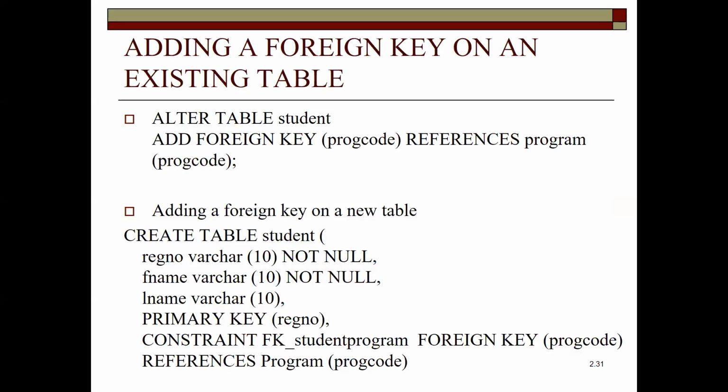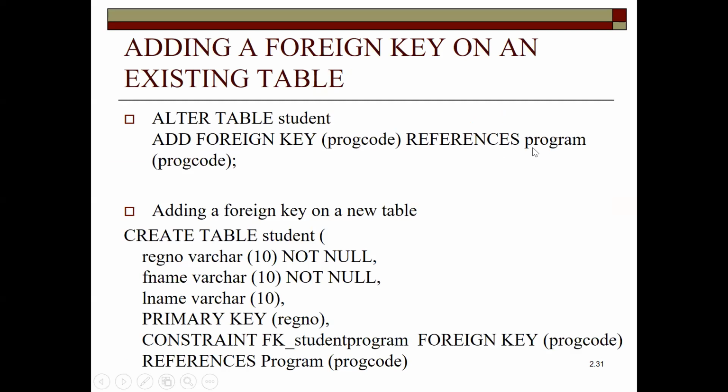Okay, so let's go to adding foreign keys on an existing table. So you alter table student, you add a foreign key. For example, this is foreign key prog code, references the program.